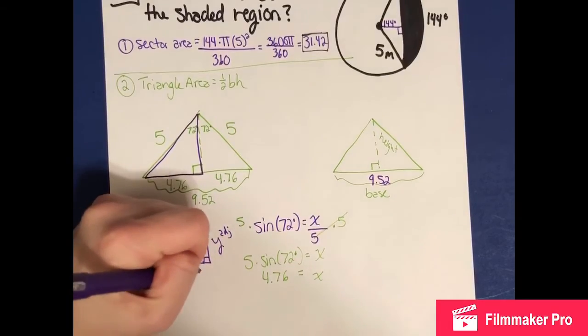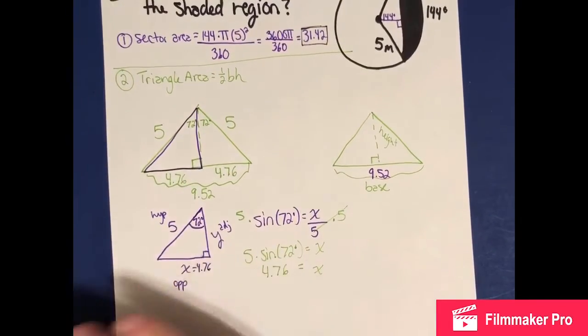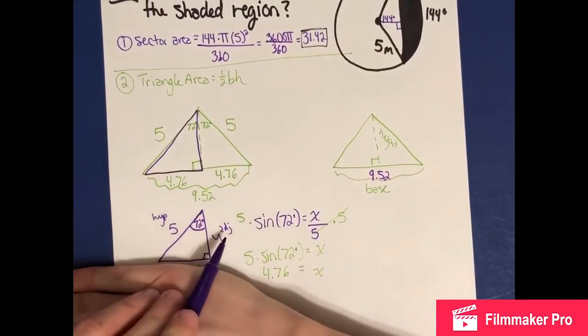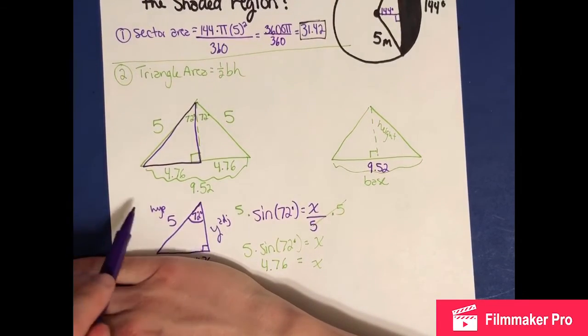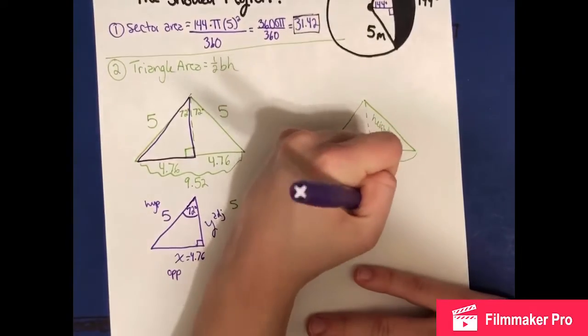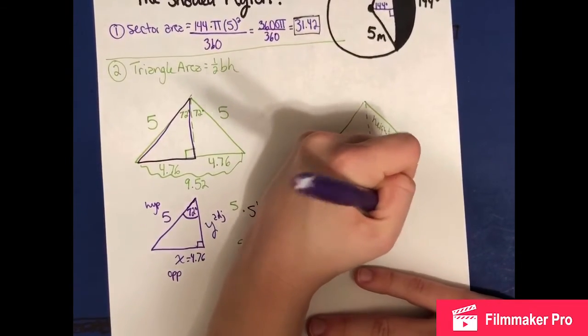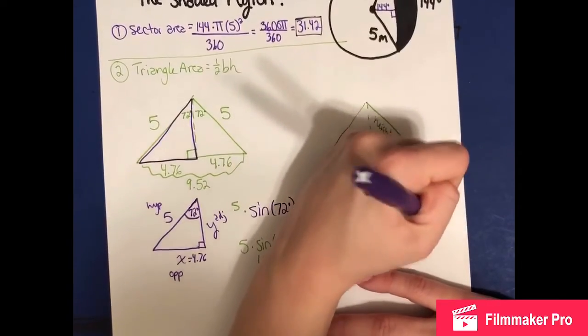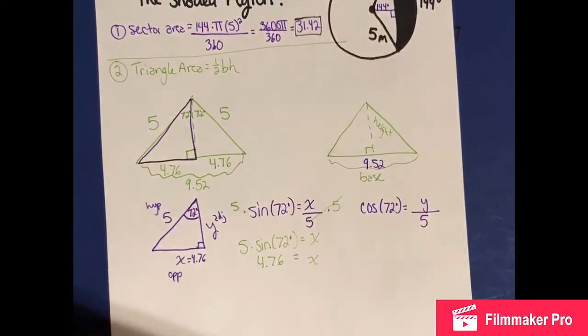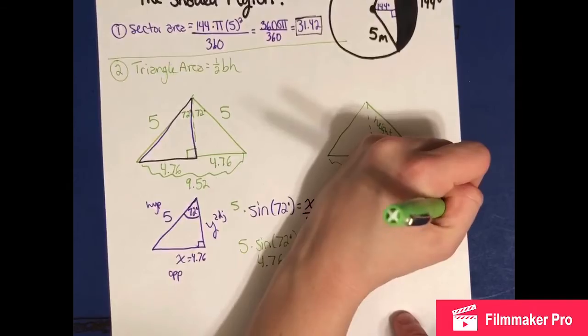Okay, so let's look at y now. I'm gonna cover this up. I have adjacent and I have hypotenuse, so CAH, cosine. So cosine of 72 degrees equals so it's y over 5. Multiply each side by 5.